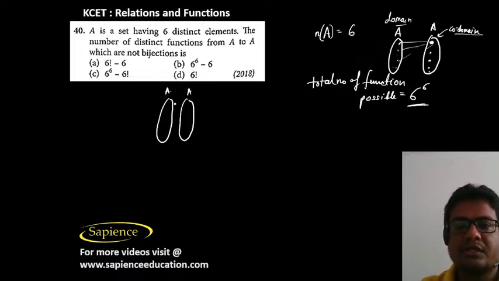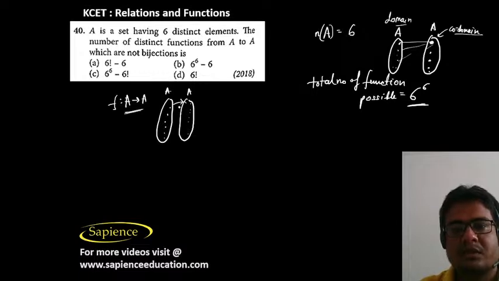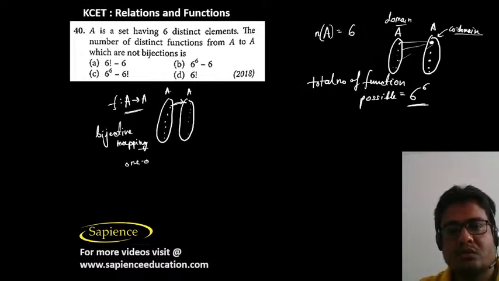So we have to map a function from set A to set A, it has been told. So it has 6 elements, here also it has 6 elements. So if we have to form a bijective mapping from the set A to itself, then it should be 1 1 and onto.